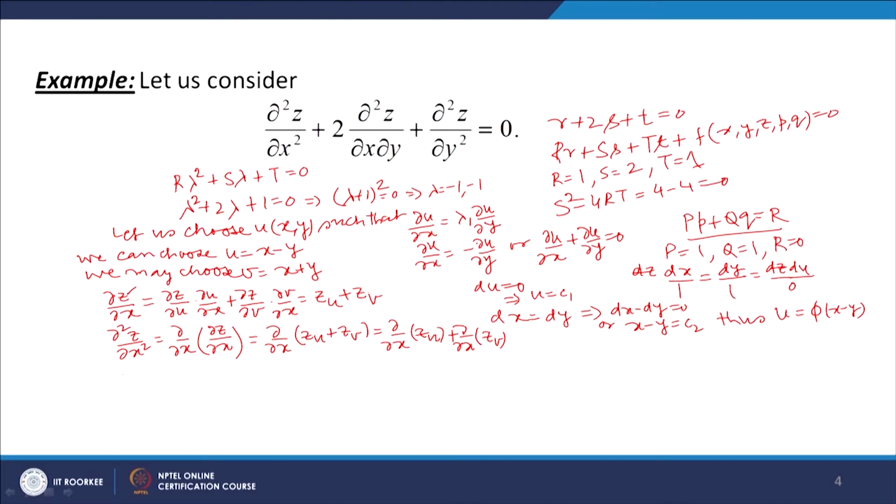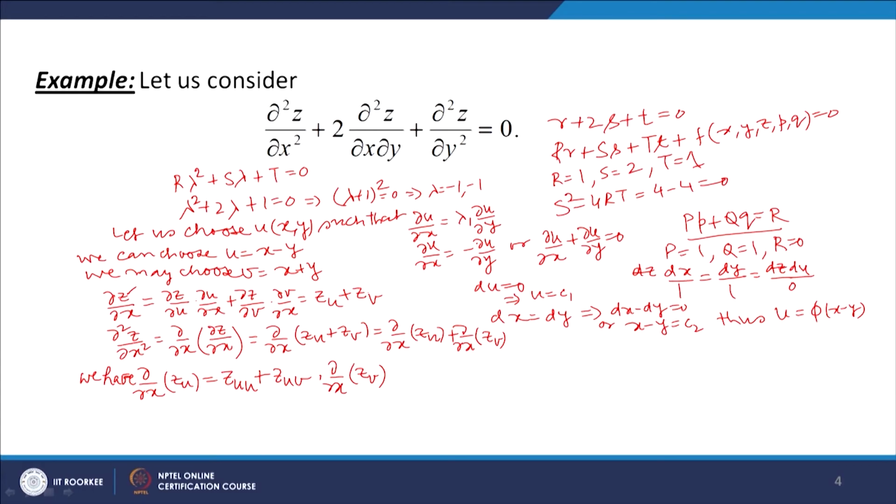So, we get z_uu into u_x, u_x is equal to 1, then partial derivative of z_u with respect to v, so z_uv and v_x equal to 1. So, this is what we get.